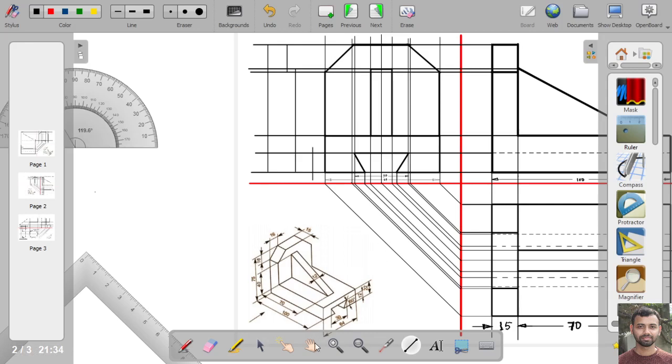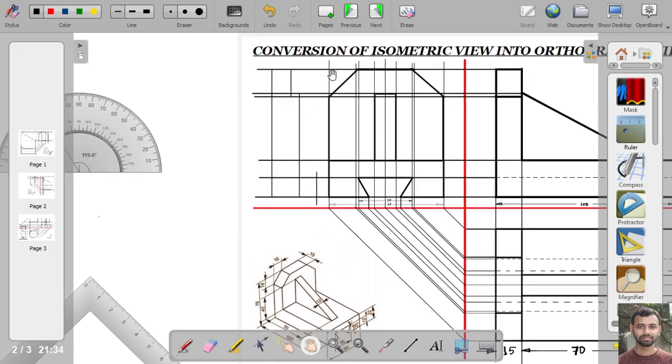Okay, another portion is this upper part, and this portion is 16. Okay, these are all the dimensions.